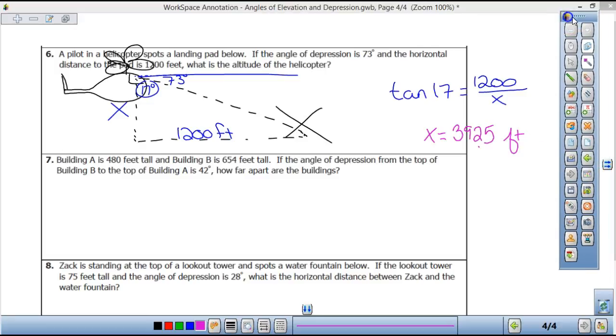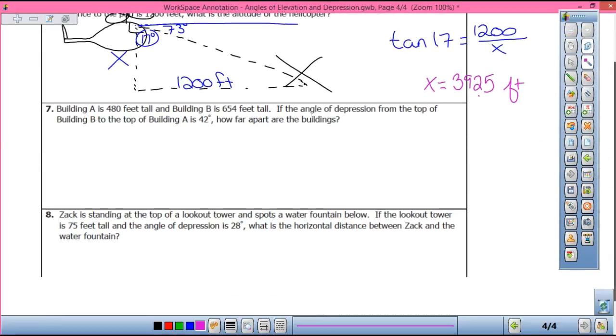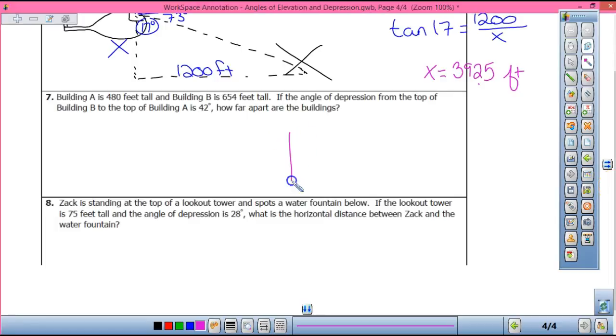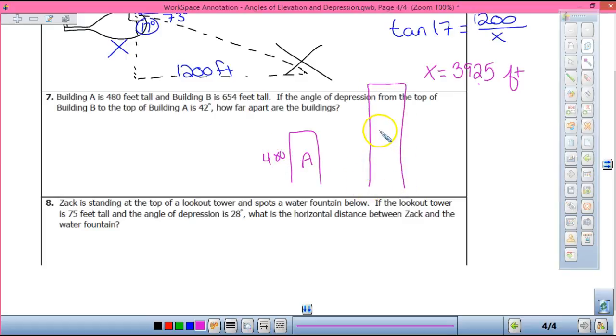Alright, so now we've got two buildings. I've got building A, which is 480. I've got building B, which is 654. Alright, so from the top of B to the top of A, my angle of depression is what? 42 degrees. So is that the angle of my triangle?